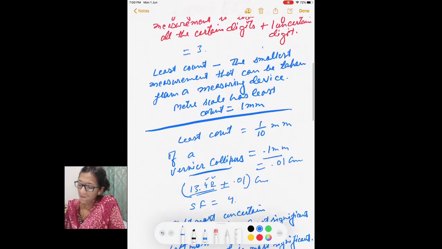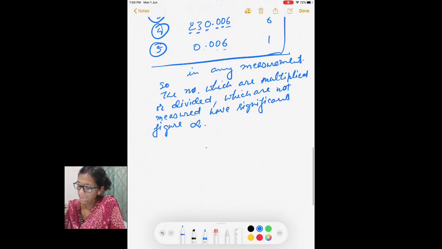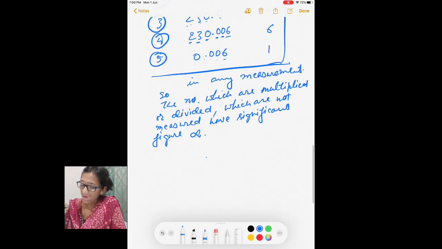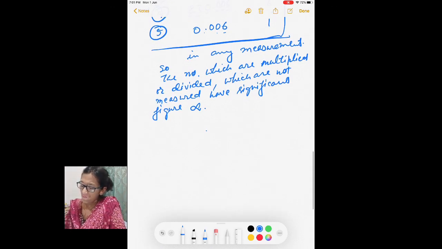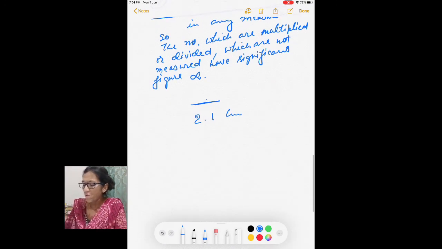So this is all about significant figures, a very important thing. It tells you about the accuracy or precision of any measuring device. Suppose you have measured one length using a meter scale, and the result of the measurement is 2.1 centimeter, and you don't know which instrument was used.